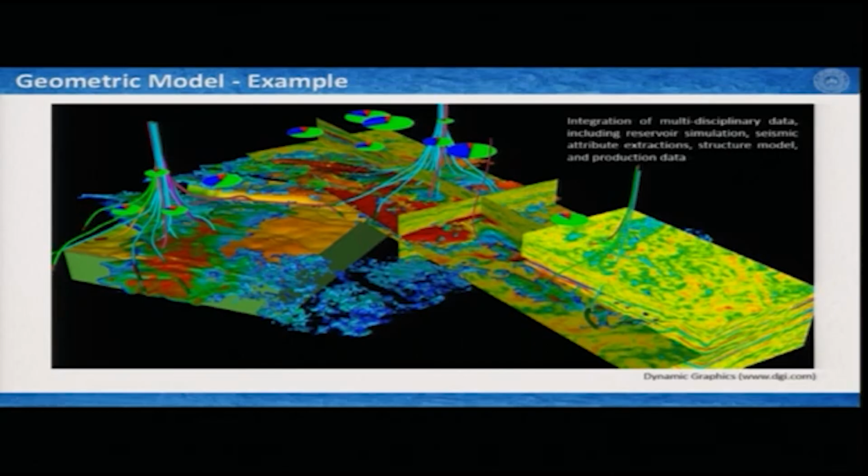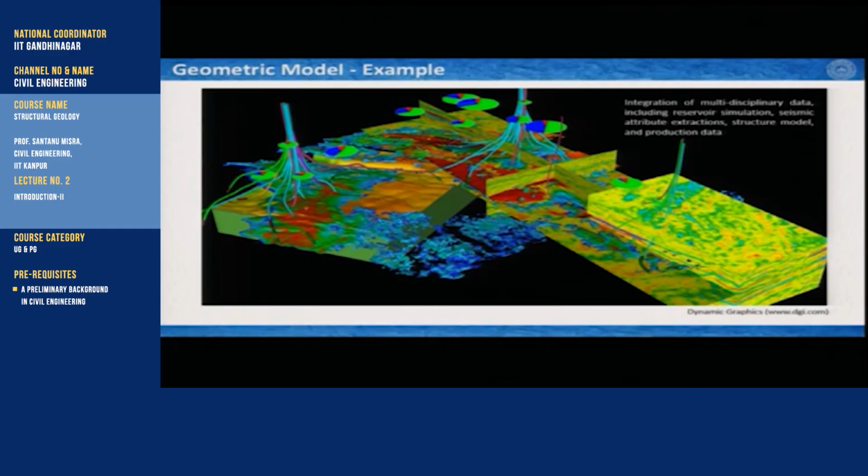What do we see here with this geometric model? These red patches that we see in different areas are oil rich areas. Once the geometric model comes up properly with the interpretation of different geophysical, structural and other petrological data, it is possible for an oil engineer to design the wells, which can then intrude different parts of this hydrocarbon reservoir and extract oil.